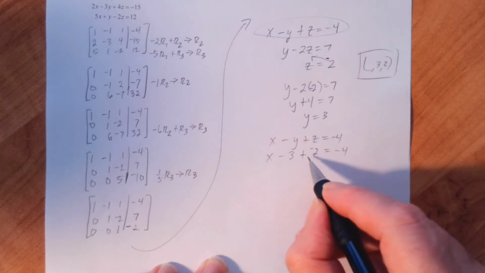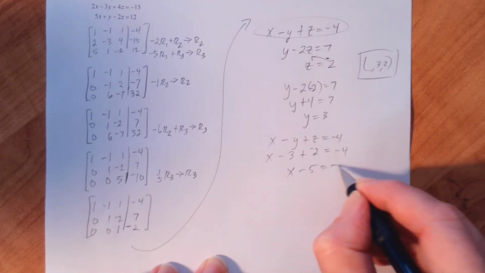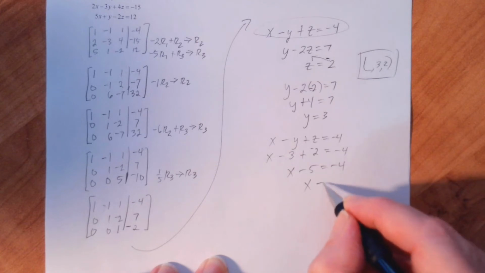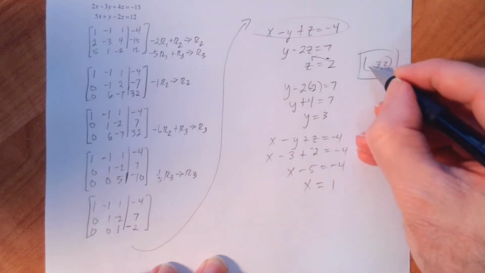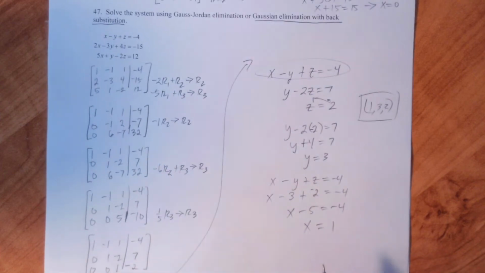Of course, negative 3 plus a negative 2, that's negative 5, or x minus 5 is negative 4. And we'll add 5 to both sides, and we get 1. And so 1, 3, 2 is your solution.